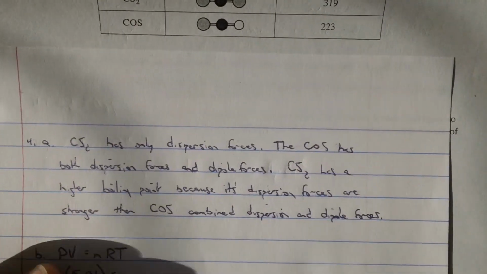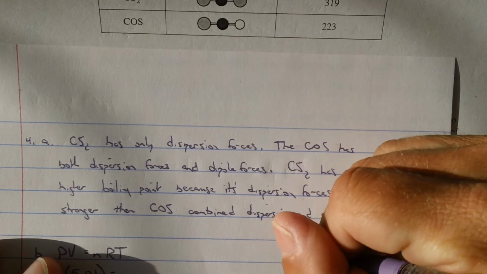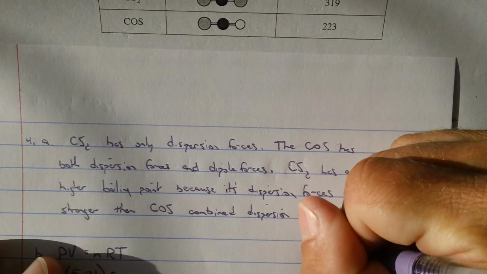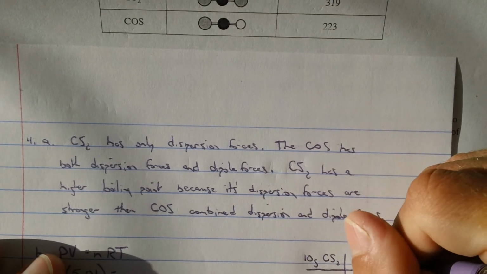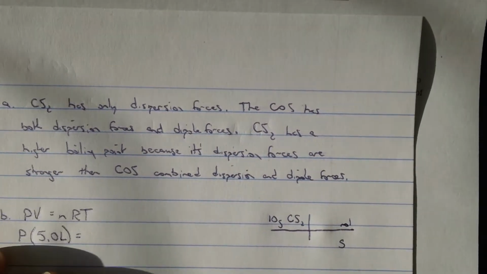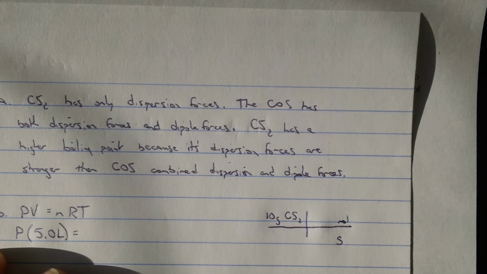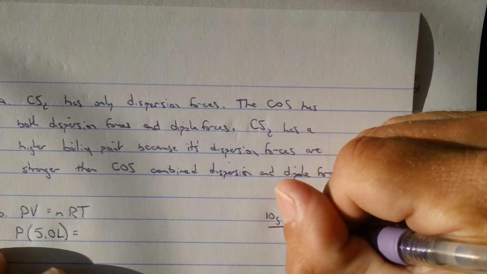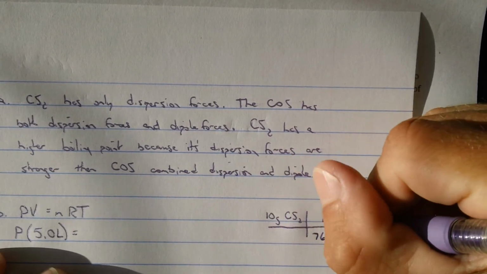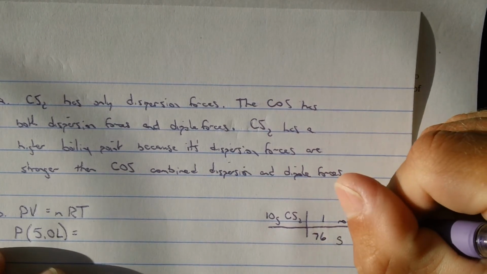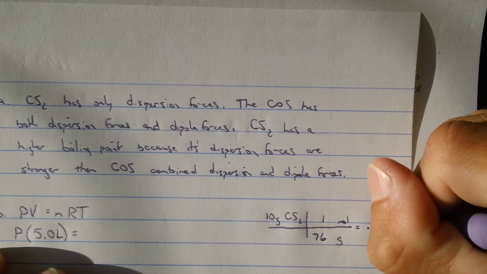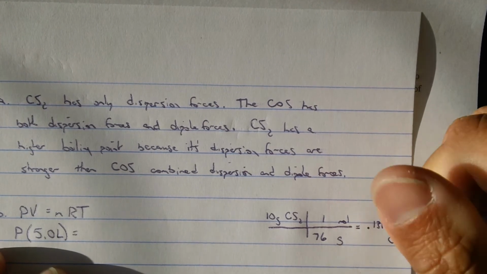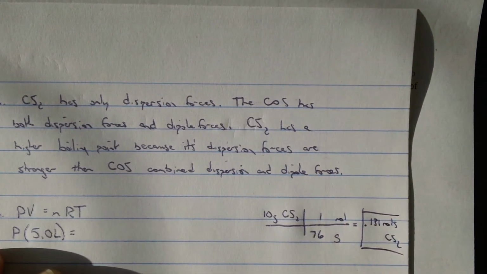So we got to take those 10 grams of CS2 and turn those grams into moles for PV equals nRT. These CS2 grams are roughly 76 grams to 1 mole, and so that gives us 0.131 moles of the CS2.